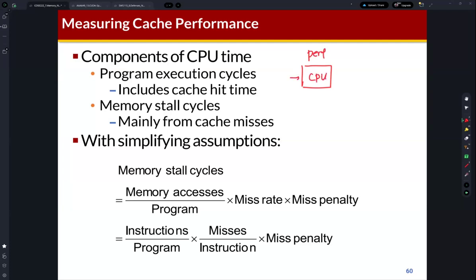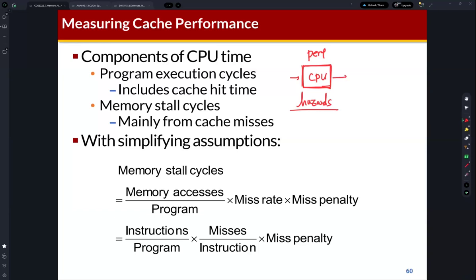An instruction is fetched from the instruction memory, but it takes only one cycle. And the load instruction fetches data from the data memory, but it takes only one cycle. So when we consider the CPU performance, we just consider hazards, right? How to handle hazards in a CPU architecture.